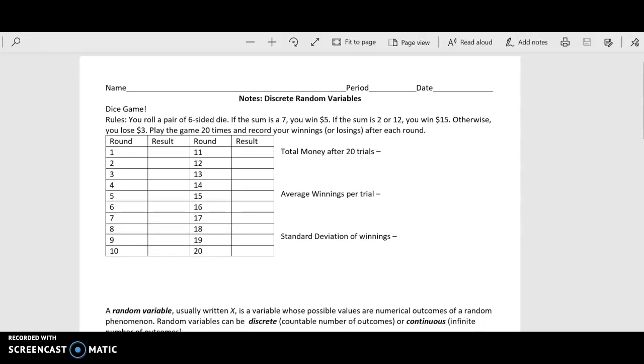So let's say the first time we won 15. Lose 3. I'm just making these up. Lose 3, lose 3, lose 3 on the 6th, lose 3, because we're going to lose 3 probably most of the time, right?